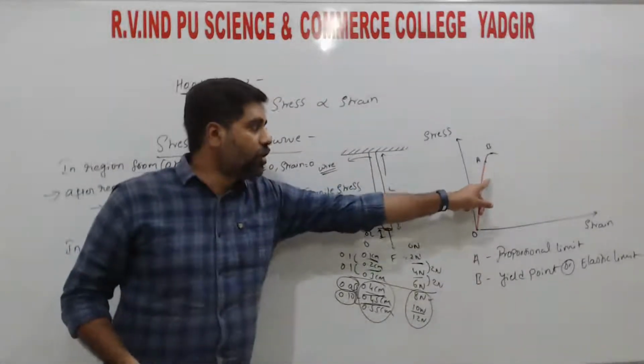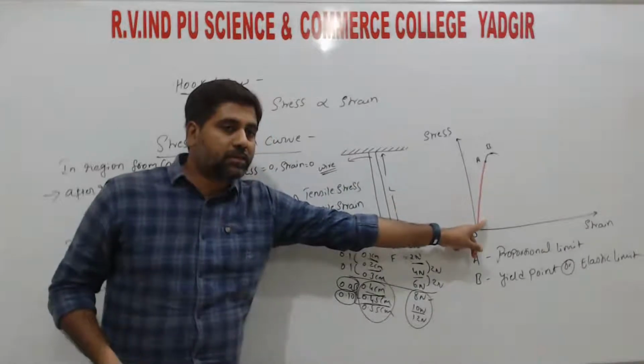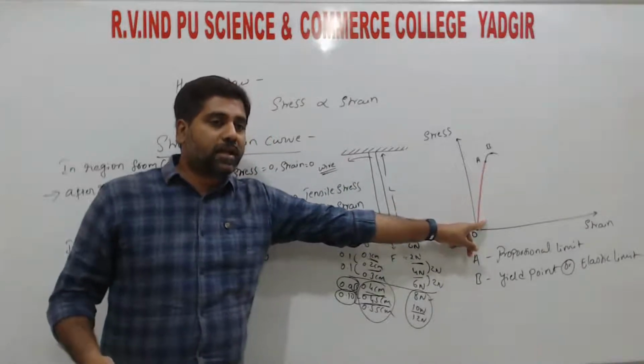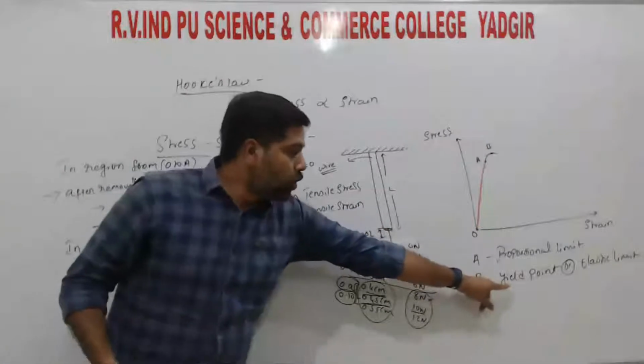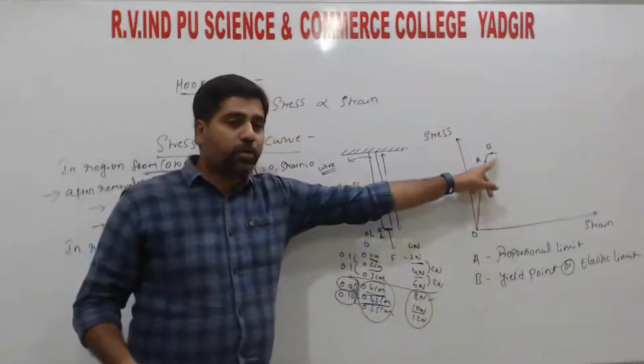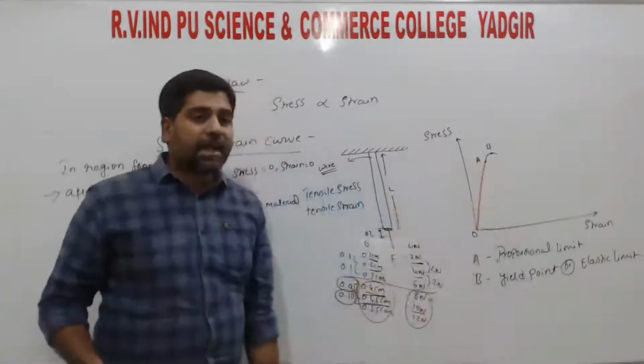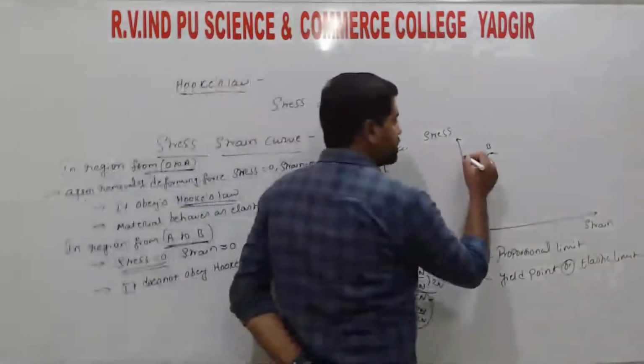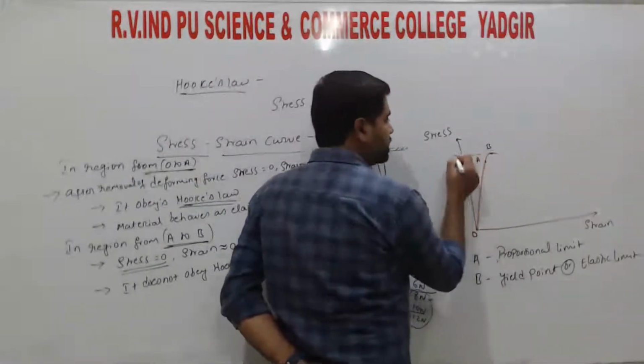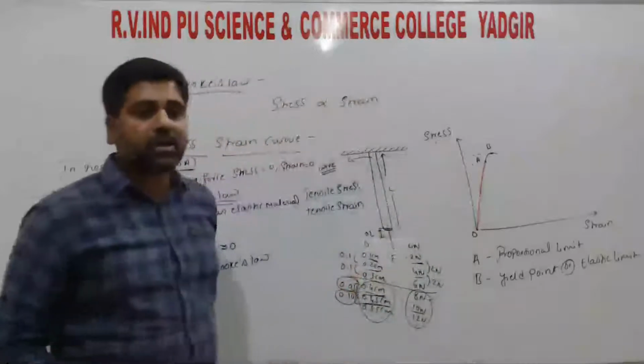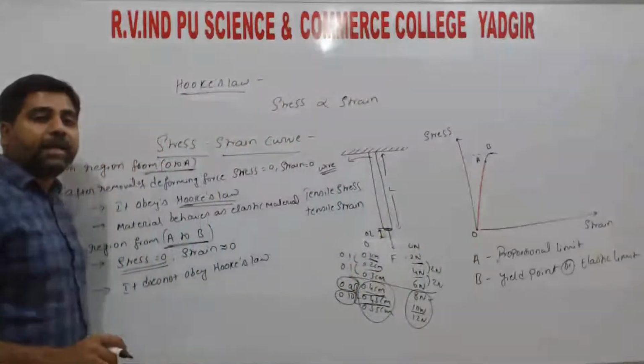So up to this point, the stress is proportional to the strain, right? And this point B is called the elastic limit, and the corresponding stress, the stress we get at this point, we call the yield strength.